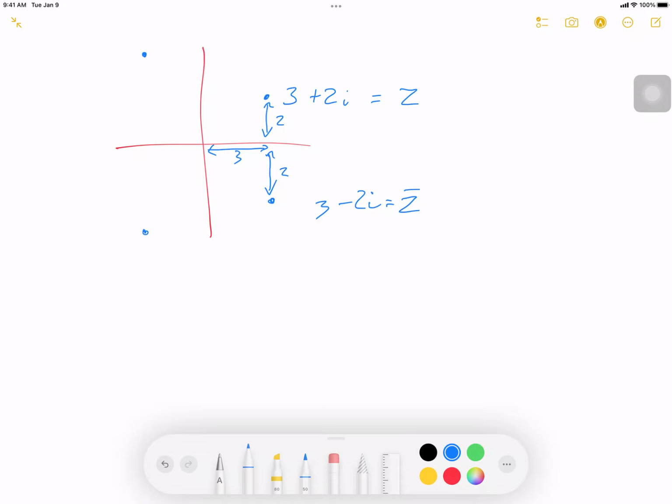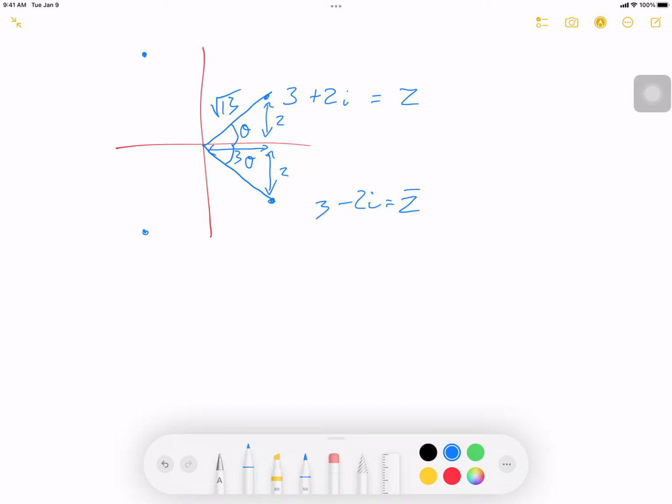Okay, but the big thing that I want you to see is if I were to draw a line here and draw a line here, then this angle in here, let's just call it theta, is actually going to be the same as this angle here, theta. Of course, if we're writing our notation in there, what's that distance here going to be? Let's actually work it out. So we've got 3 squared as 9 plus 4, so square root of 13.